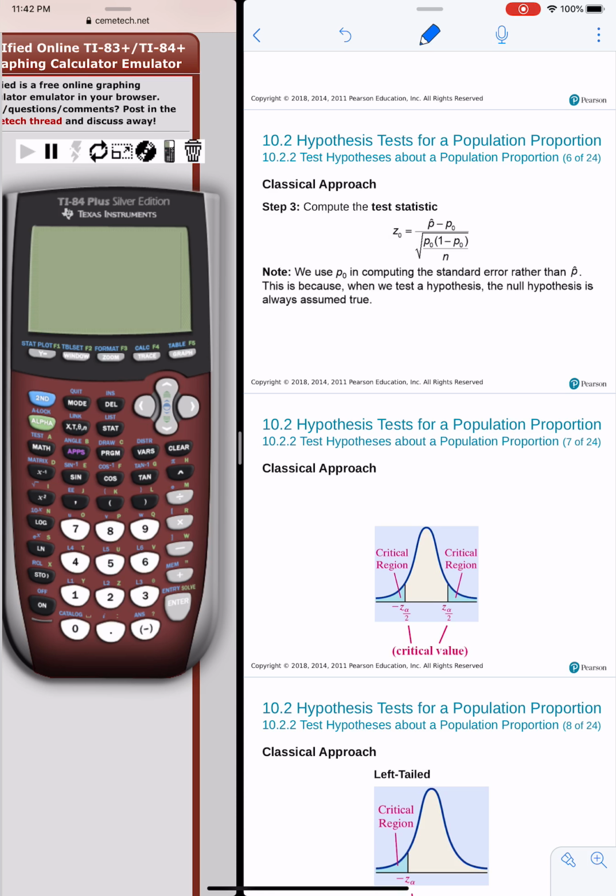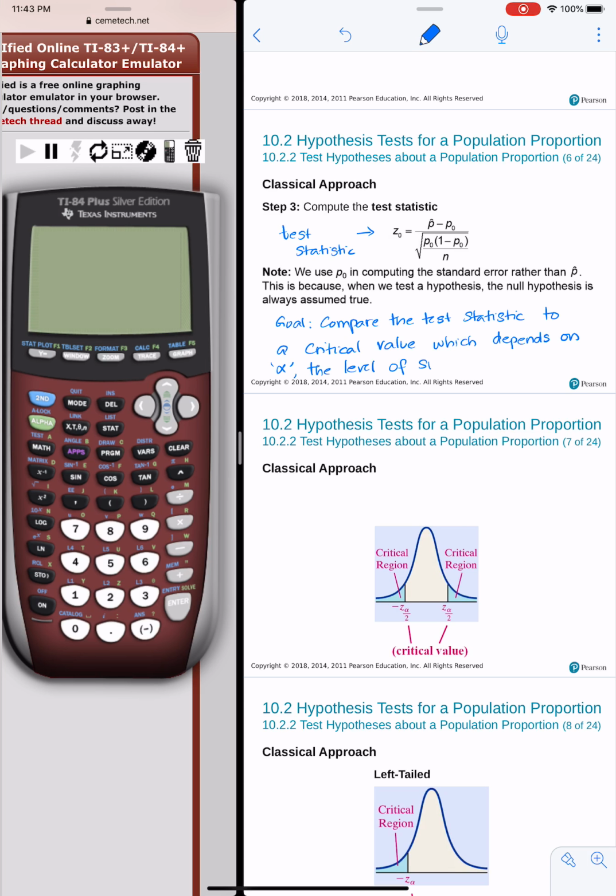One is what we call the classical approach, where we find a test statistic given by this formula and the goal is to compare the test statistic to a critical value, which depends on alpha, the level of significance.